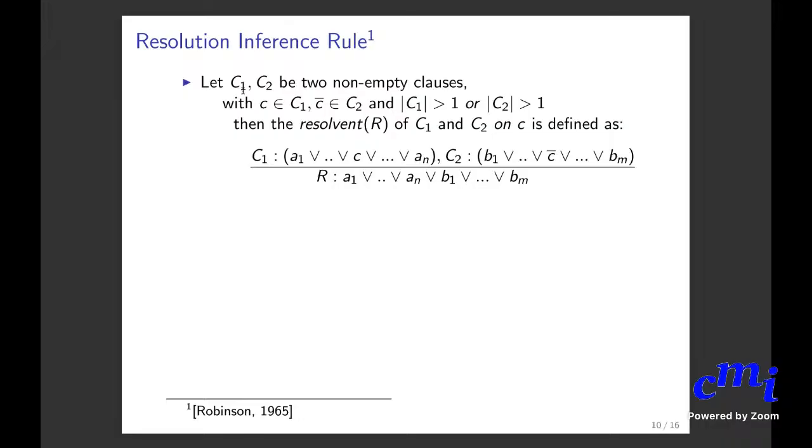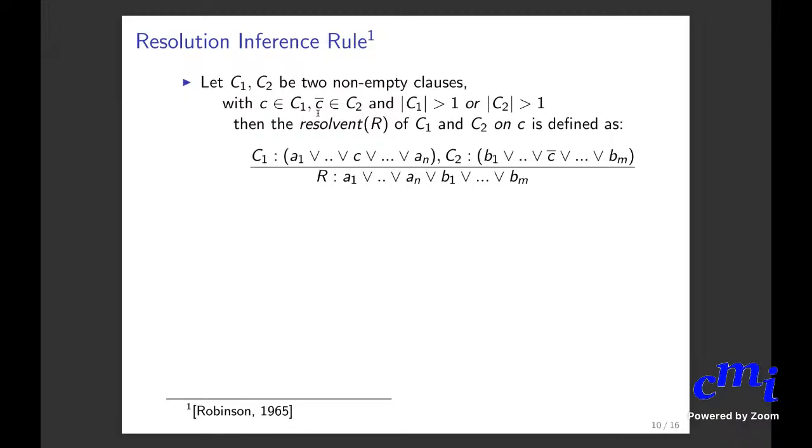Given two non-empty clauses C1 and C2, with some variable C belonging to C1, these two have at least one variable that occurs with both polarities.